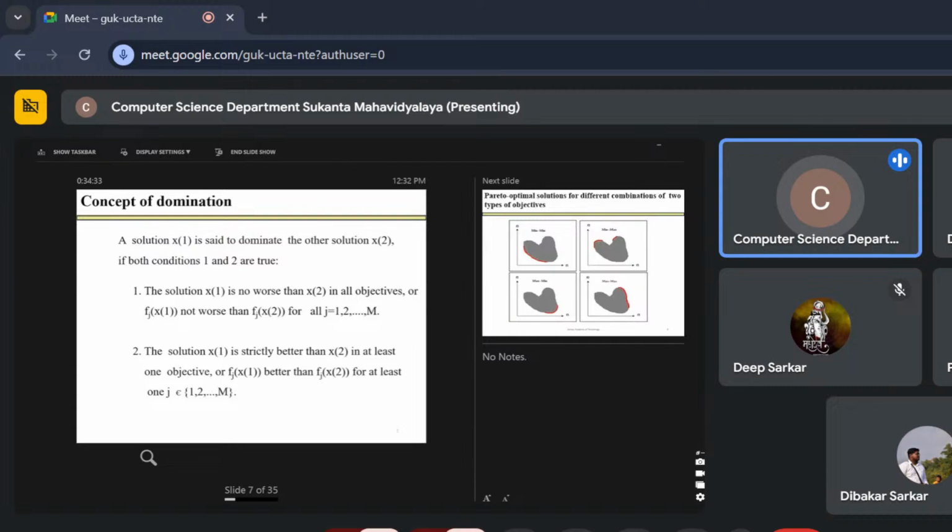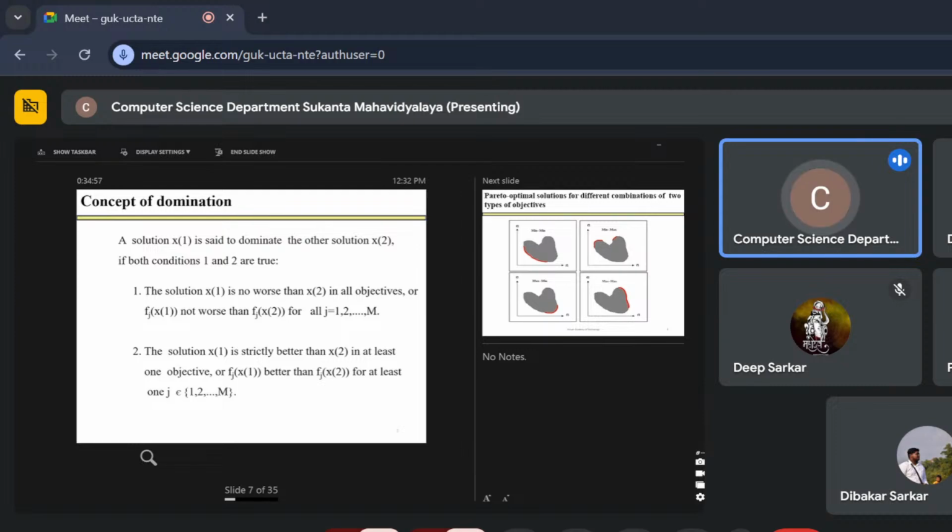Now, a solution x1 is said to dominate another solution x2 if both conditions 1 and 2 are true. Please try to follow or observe the words individually, because each and every word here is very, very important.